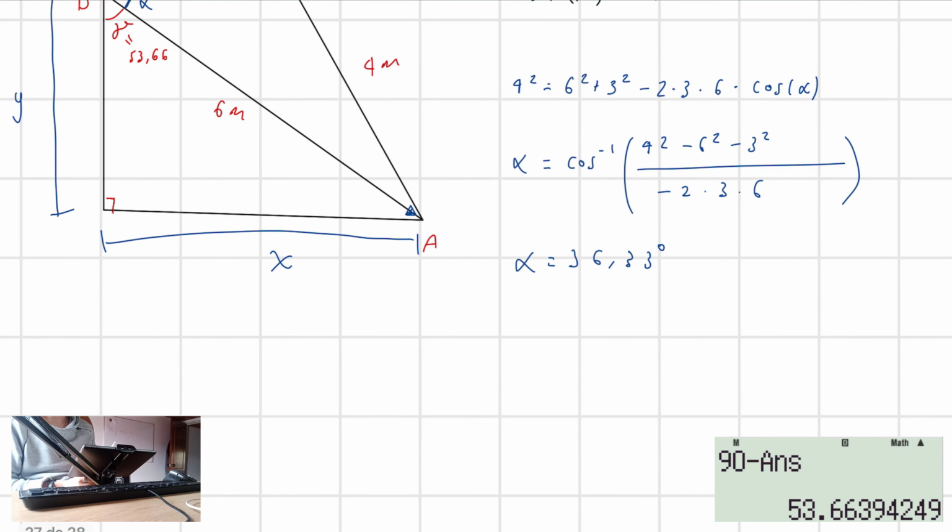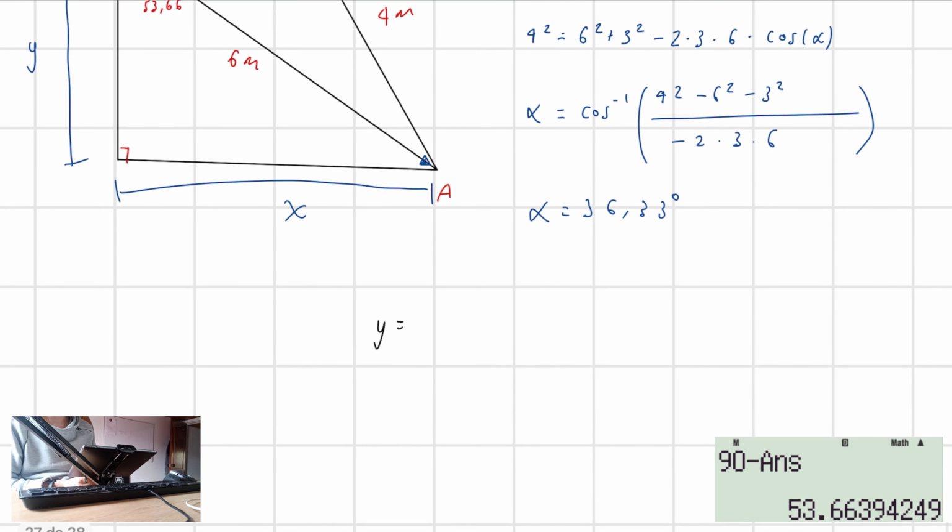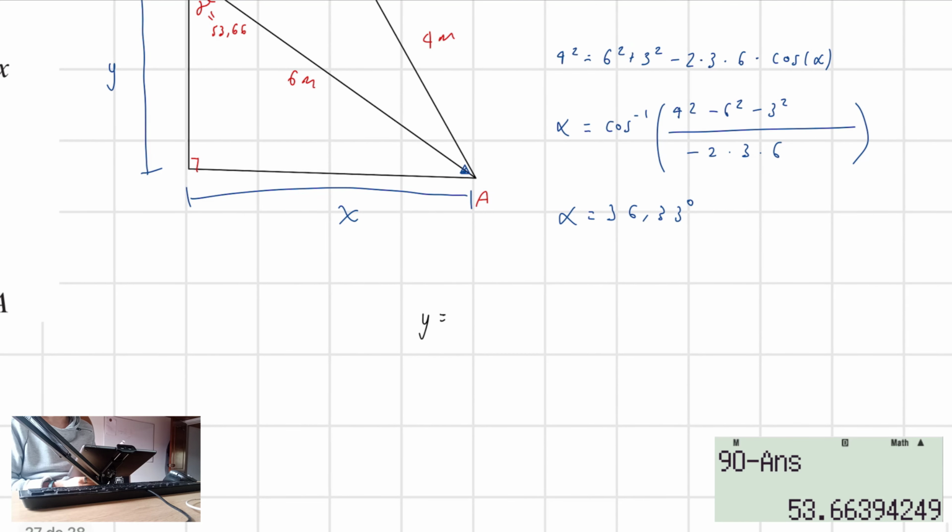So in the case of y, the cosine of 53.66 is equal to y divided by 6.